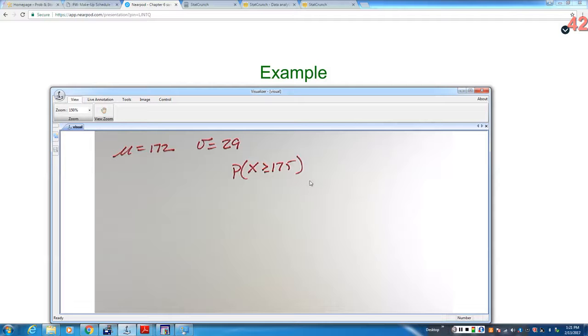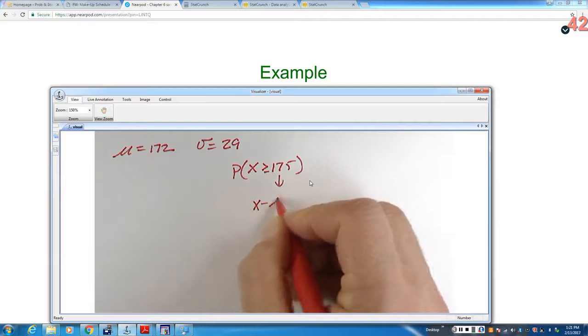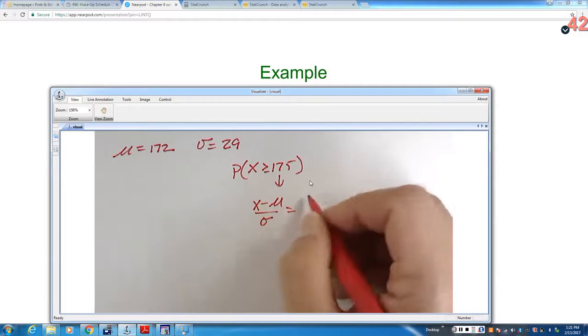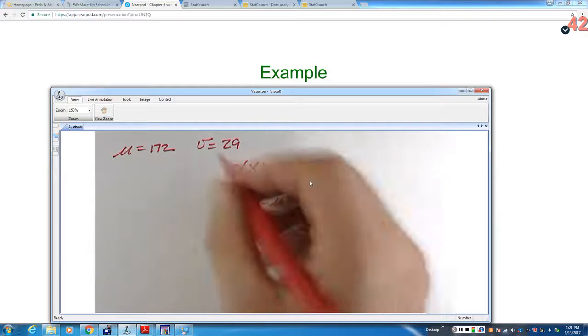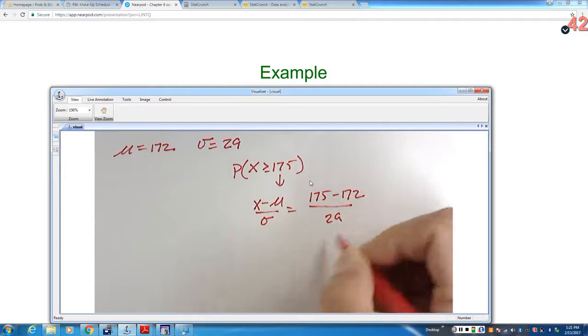So how do you find the standard score for that? 175 minus 172 over 29. We have that x value, so it's 175 minus 172 divided by 29.